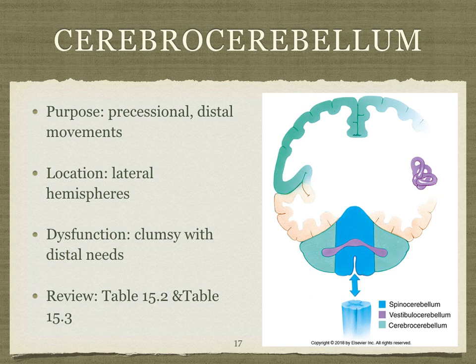And this is located in our lateral hemispheres of our cerebellum, along with our connection to our cerebrum, or our cerebral cortex. So this is when you're going to see a lot more clumsiness in especially our distal movements.